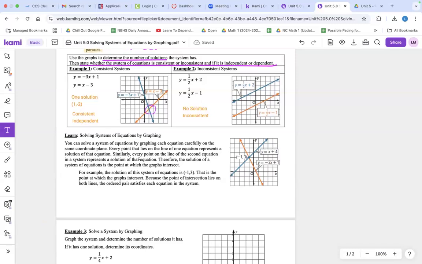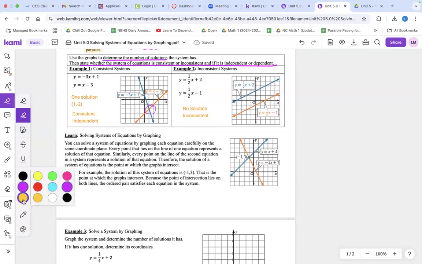Similarly, every point on the line of the second equation represents a solution of that equation. Therefore, the solution of a system of equations is the point, highlight. It is the point at which, right? The solution of a system is the point at which the graphs intersect.